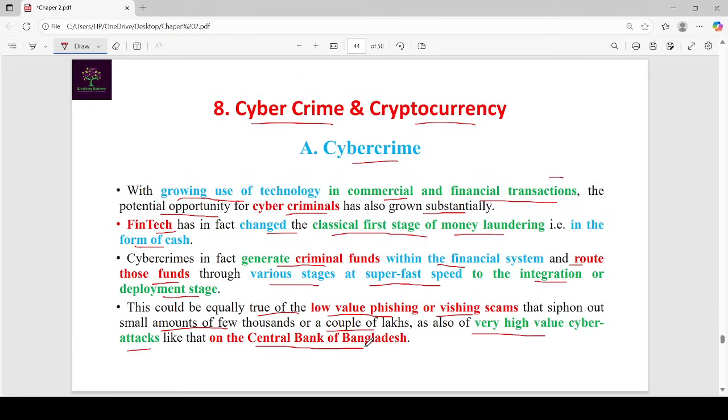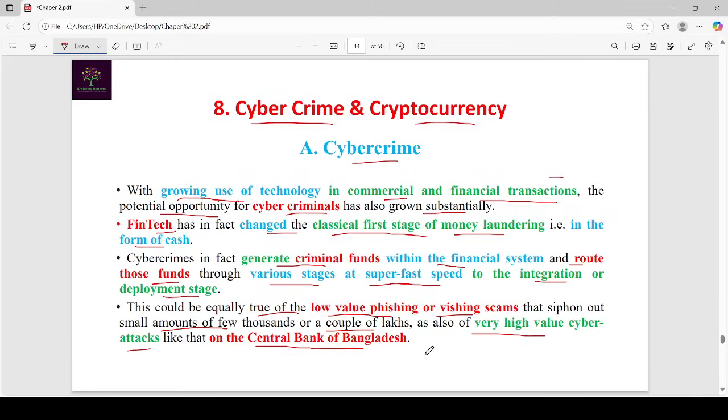So, what is the story of the Central Bank of Bangladesh? In 2016, some cyber criminals hacked the servers of the Central Bank of Bangladesh by phishing and vishing scams.